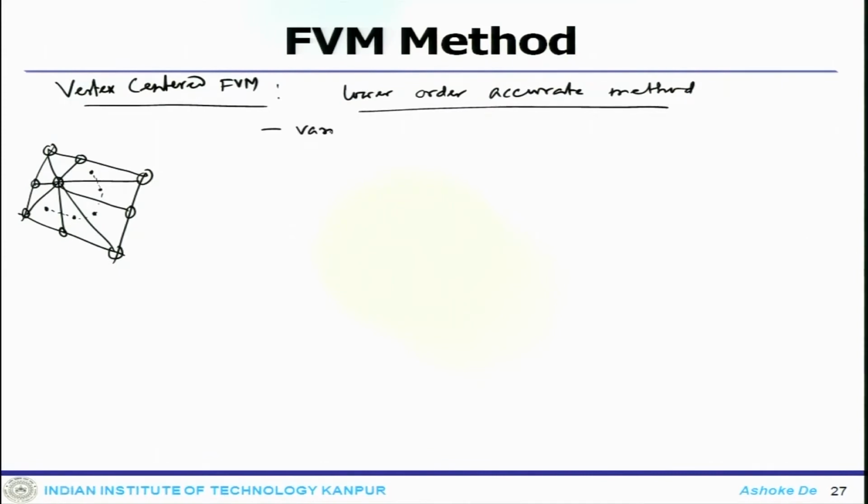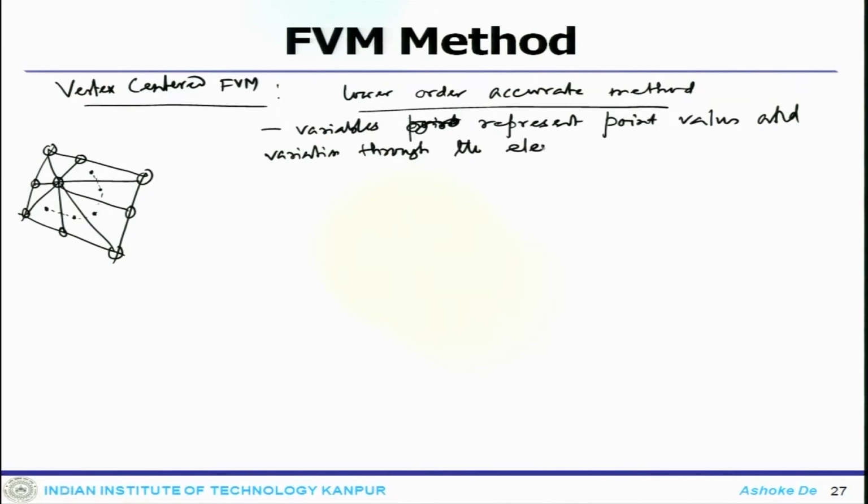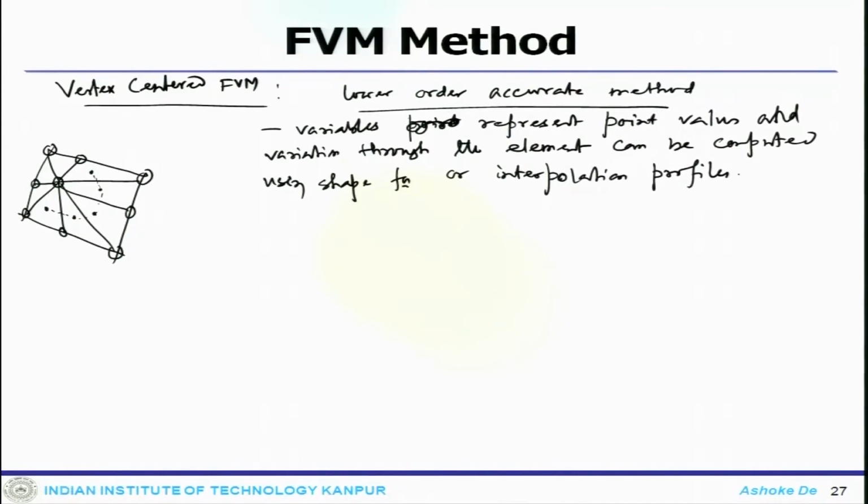Because in this case the variables represent point values, okay, and the variation through the element can be computed using shape functions or interpolation profiles. Okay.